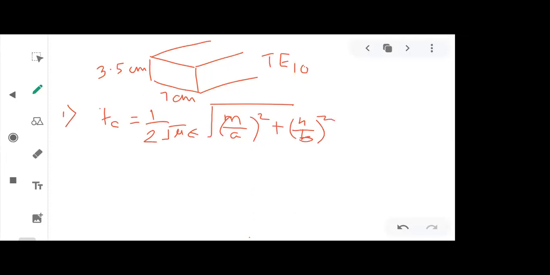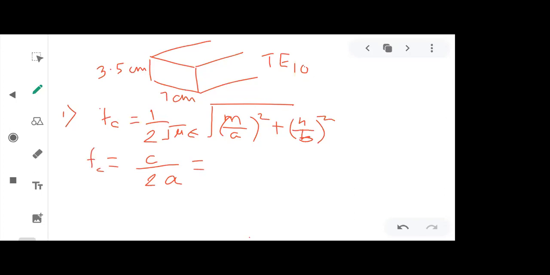So finally what you get is C, because it is air filled. Sorry, it is mentioned, it is an air filled waveguide. So 1 by root of mu epsilon can be taken as C. Divided by 2. m is 1, n is 0. So it becomes root of 1 by a square. So it becomes 1 by a. So this is the formula for the cutoff frequency.